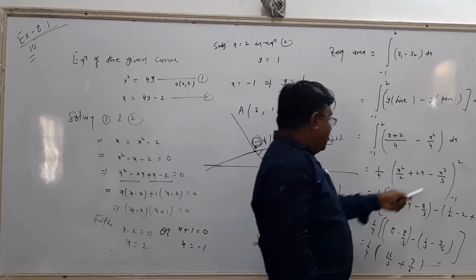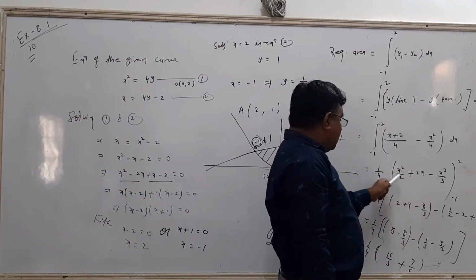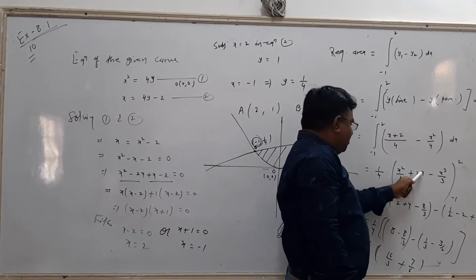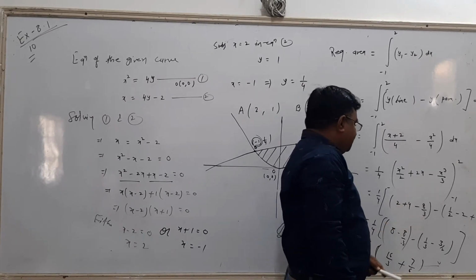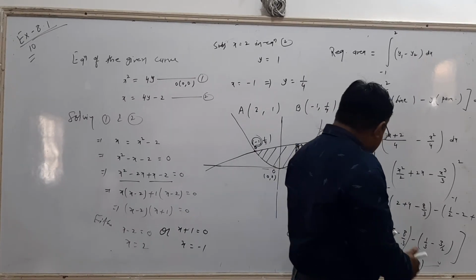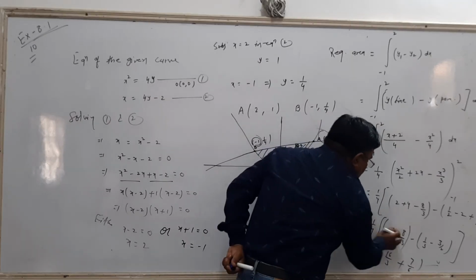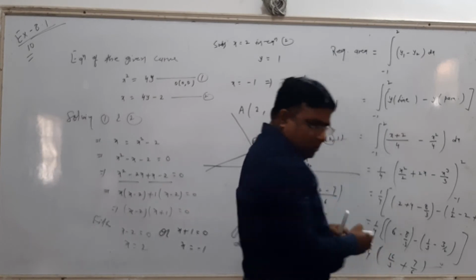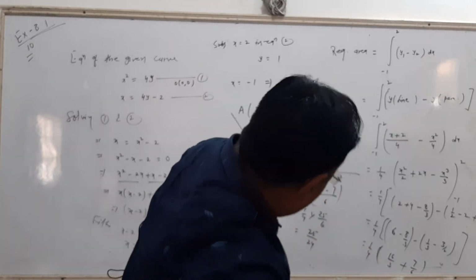Now substitute the limit. Upper limit: square of 2 is 4, 4 upon 2 is 2, then 2 2s are 4, 2 ka cube 8 by 3, right? Sorry, 4 plus 2 is 6, right? So this is the calculation mistake.